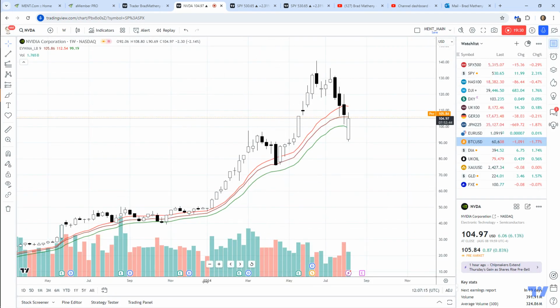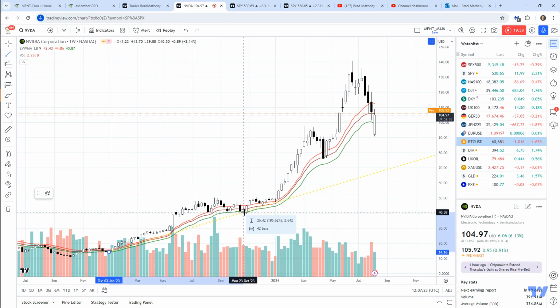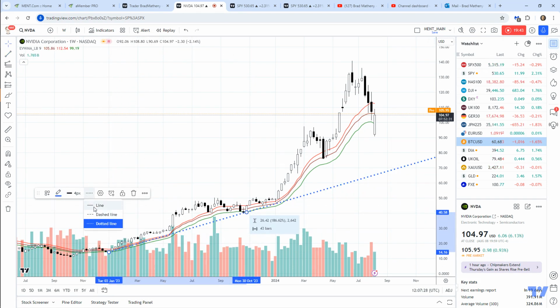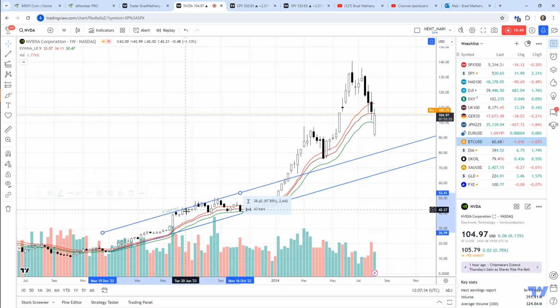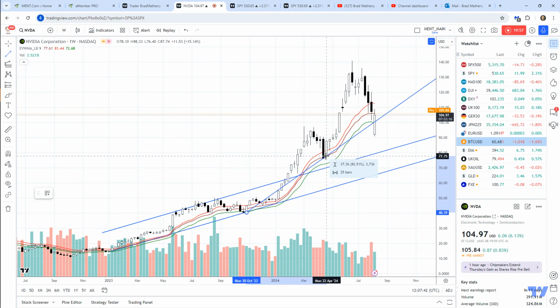Okay, let's start with the basic concepts I teach in my training videos. First thing we want to look for is channeling. So we look across here for channeling, make this blue, make this line, make this 2. Okay, there's some channeling. Now let's try to find the upper channel here. Right across rejection. Remember, I love to find rejection. Then let's move into this upper channeling here, across here.